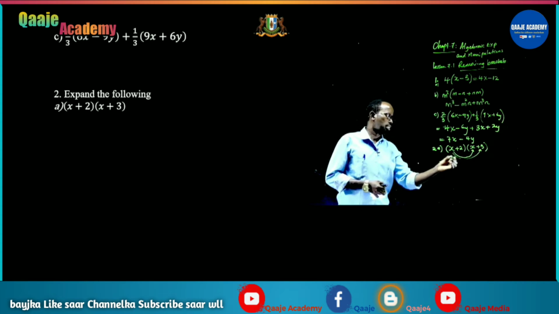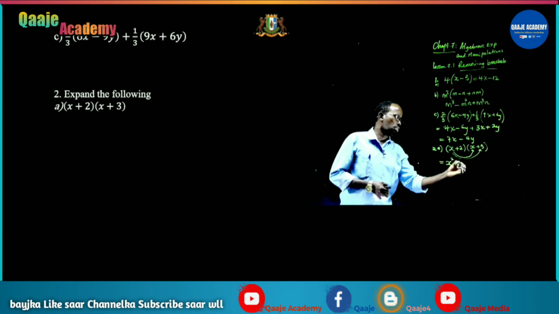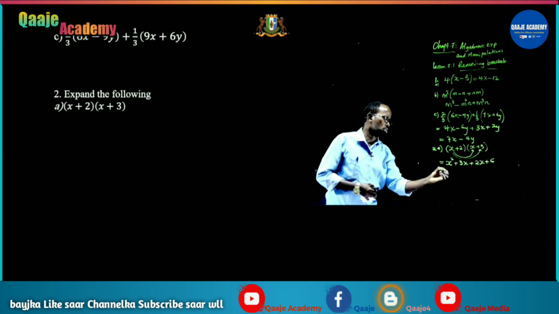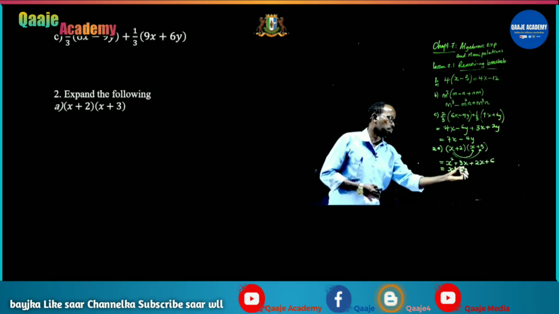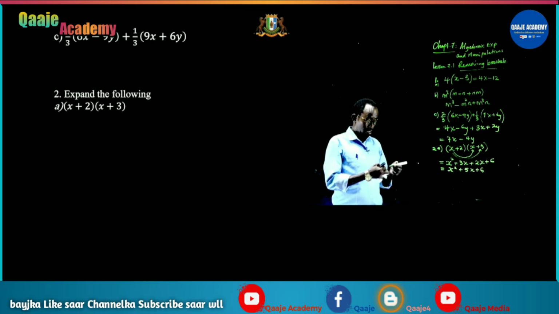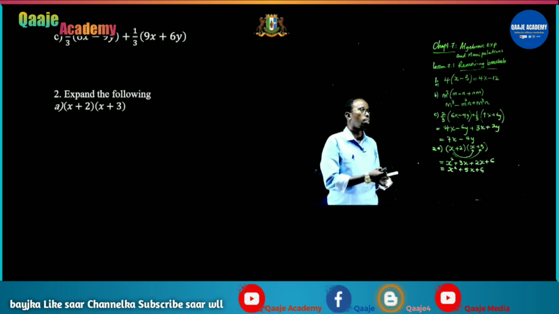So x times x, you get x squared, x times 3, you get 3x, 2 times x, you get 2x, and then 2 times 3, you get 6. So you add these, you get x squared plus 5x plus 6. So that is one way.